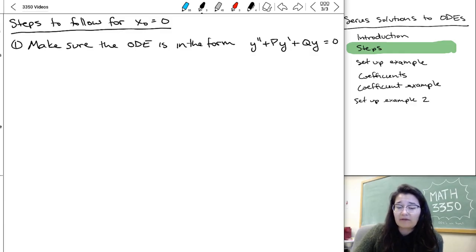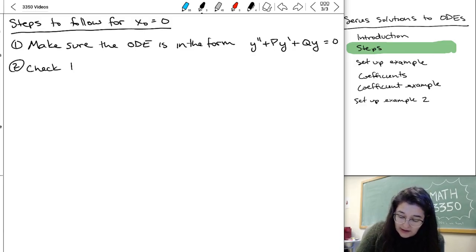The reason is that we have to check the p and q functions, so you need to divide by whatever's on y double prime to have the correct p and q. Then once you've done that, you're going to check that p of 0 and q of 0 are well defined.